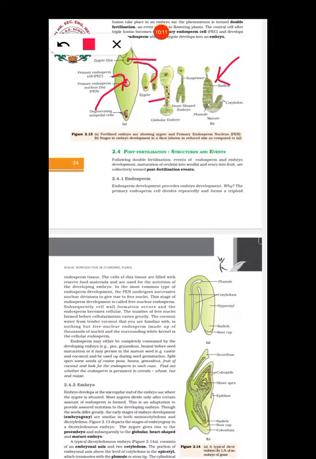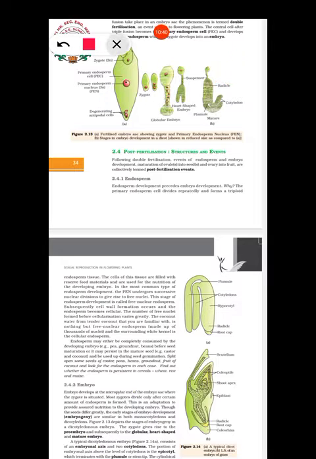Means after the fertilization, what happens to the egg cell, what happens to the endosperm, that is primary endosperm nucleus, then what happens to the ovules and ovary, all these events are collectively called the post fertilization events. Okay, so let's study what happens to the endosperm in this video.